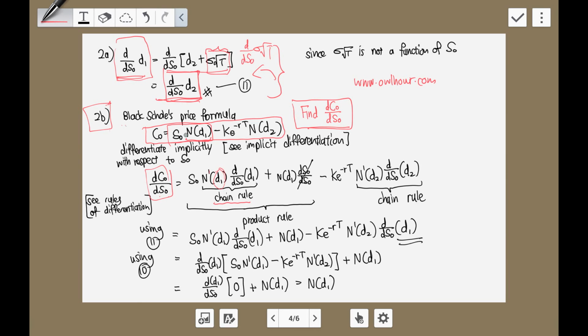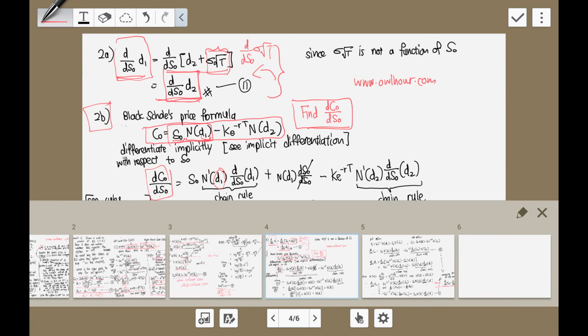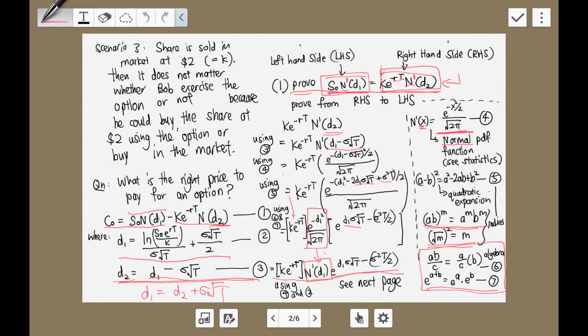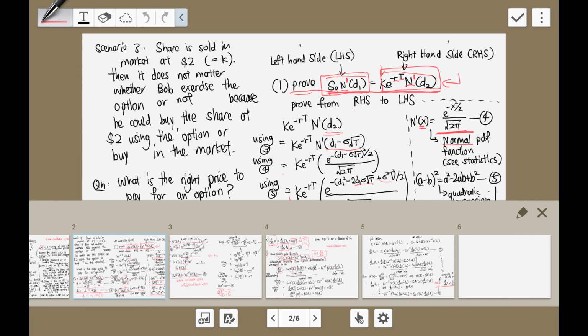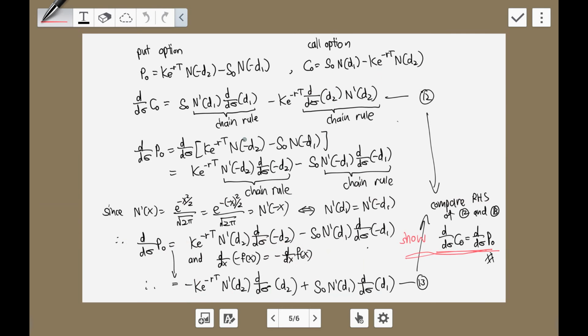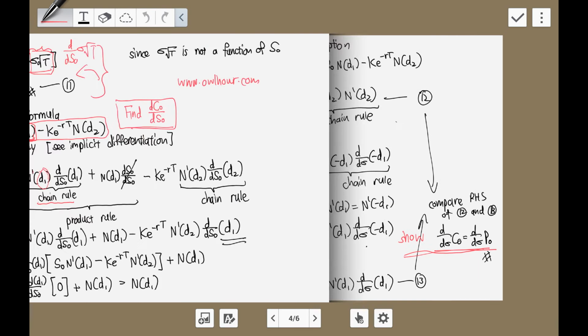Because d1 contains S0, d1 is a function of S0, so it will not go to 0 when you differentiate it. Instead, it will just remain here.